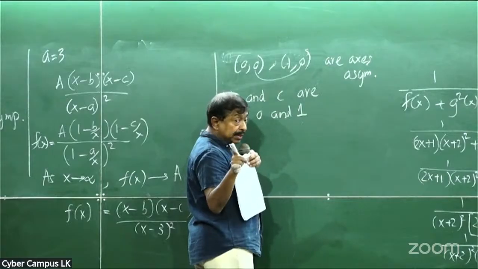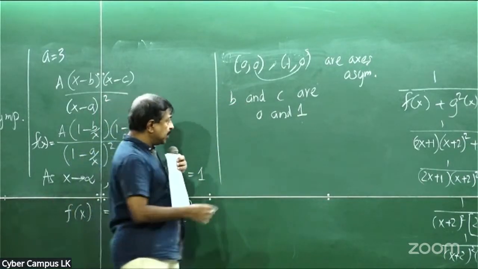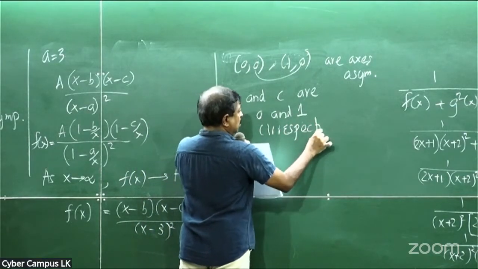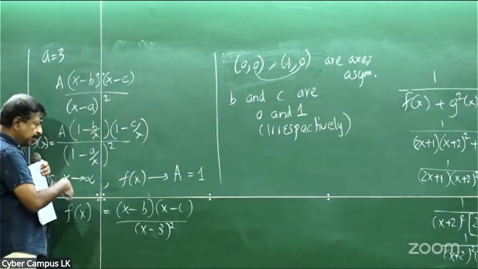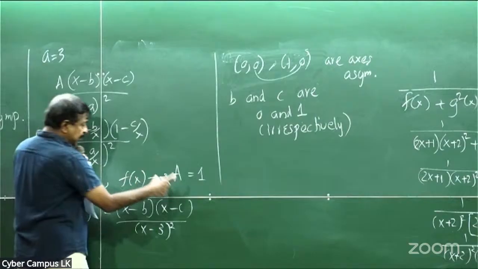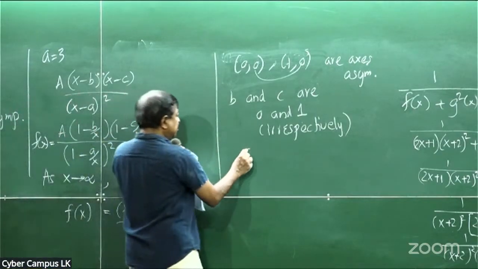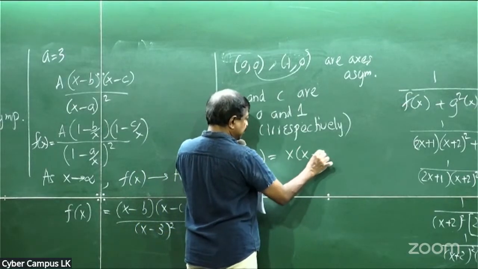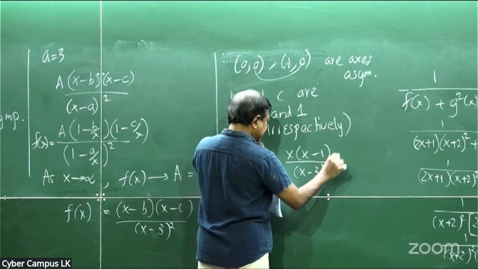However, not respectively. We cannot exactly say that b is 0 and c is 1, but it doesn't do any harm because x minus b times x minus c is equal to x minus c times x minus b. So it doesn't matter. So now finally you can claim this as f(x), x times x minus 1 over x minus 3 quantity squared.